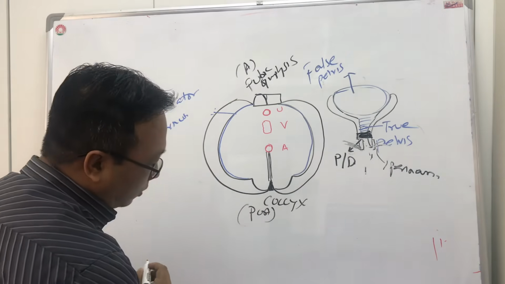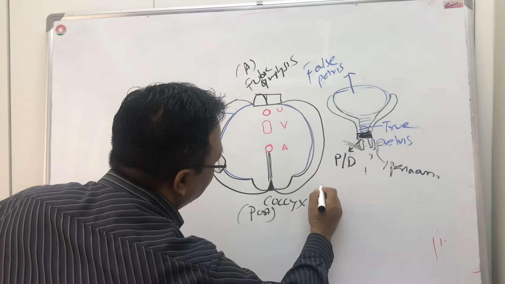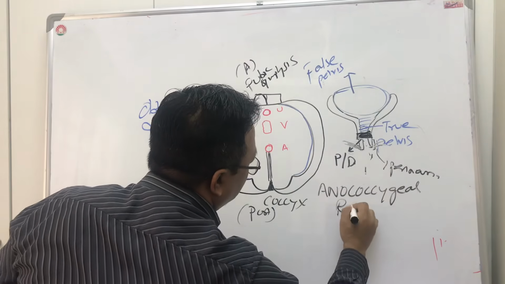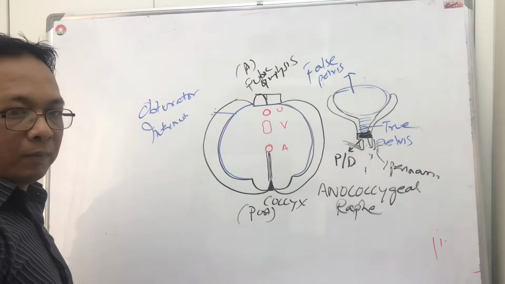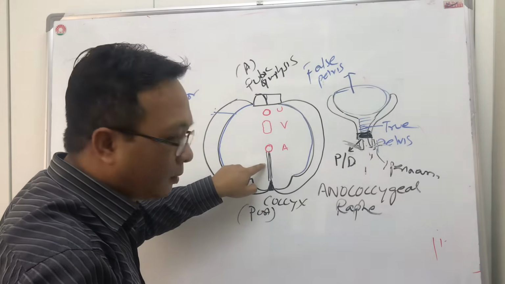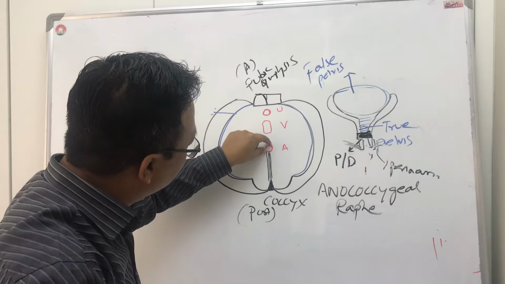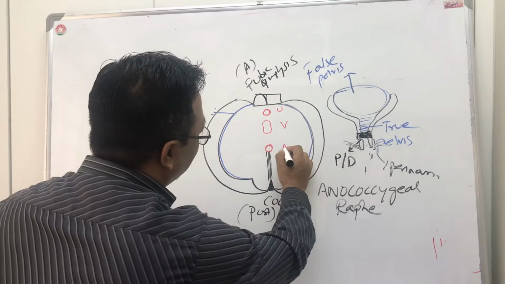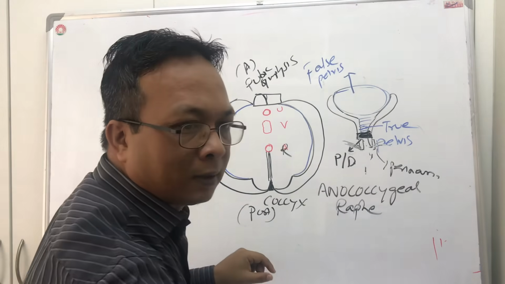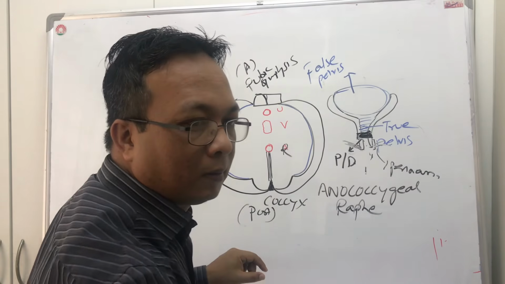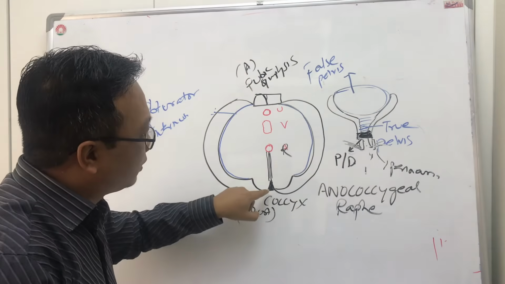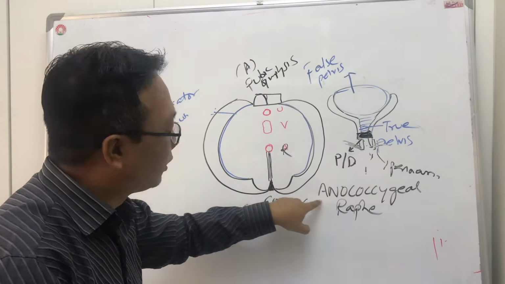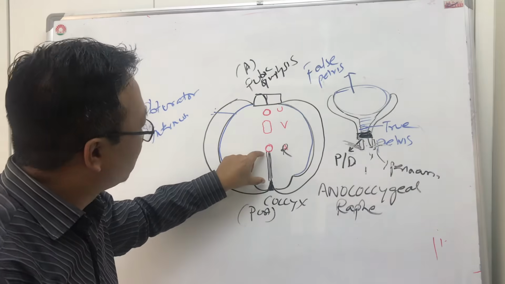Okay, the anococcygeal raphe, this part connecting the anal canal, actually the rectum, with the coccyx. So this part is the anococcygeal raphe.